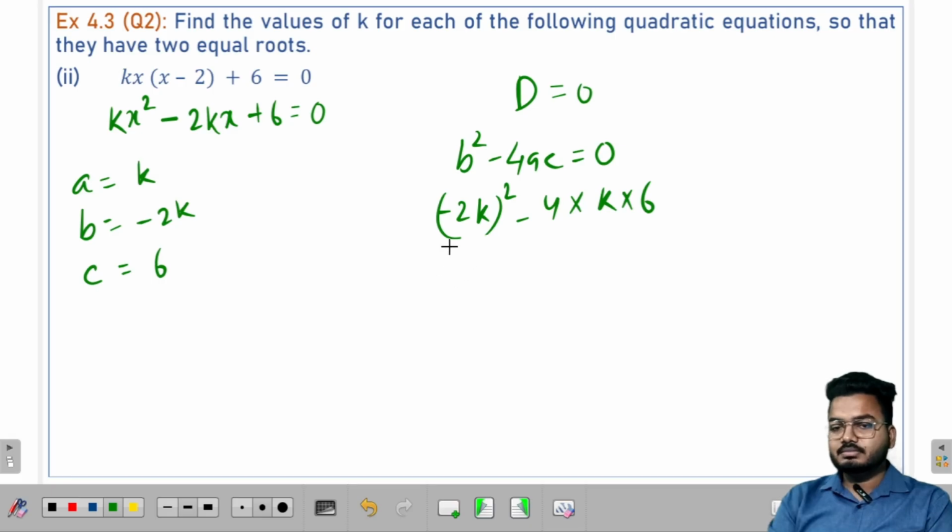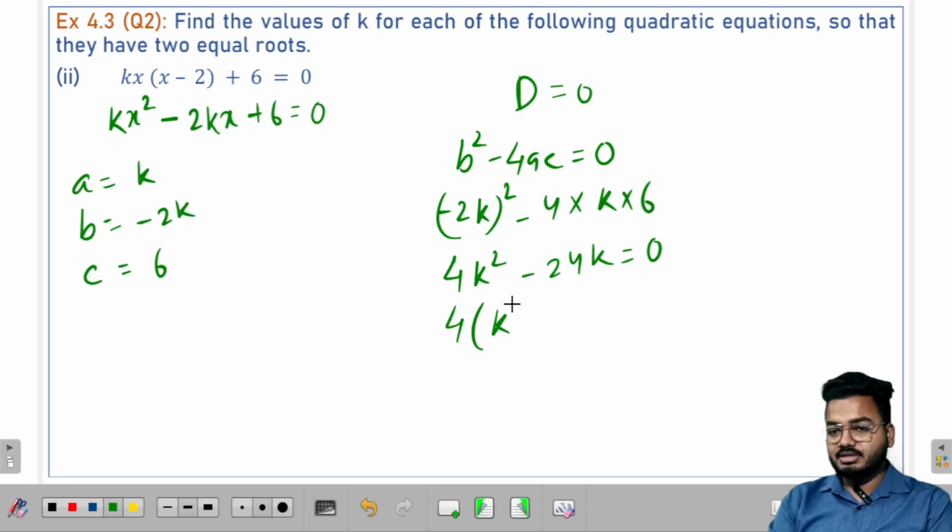Okay, (minus 2k) का square is 4k square, minus 4 6s are 24, k will be equal to 0. Now here I can take 4 as common, so the equation will be 4 अगर कॉमन ले लें, k square minus 6k will be 0. Okay, and अगर 4 को वहाँ पे ले जाएं so equation will become k square minus 6k will be 0.